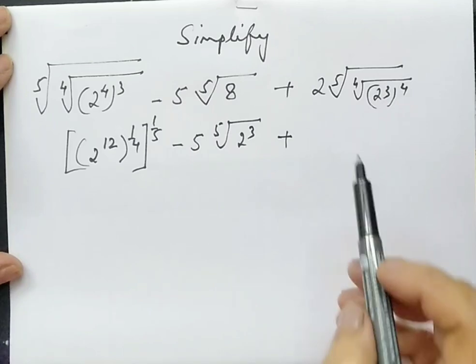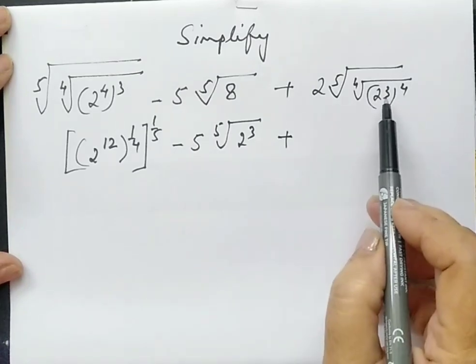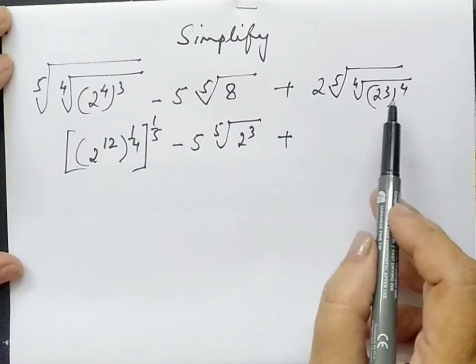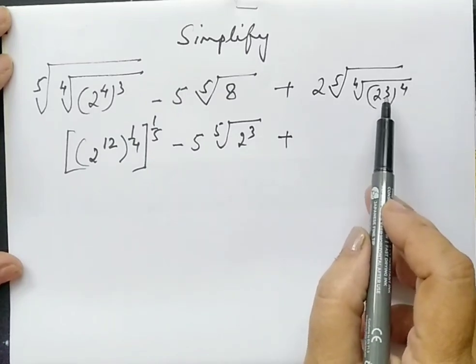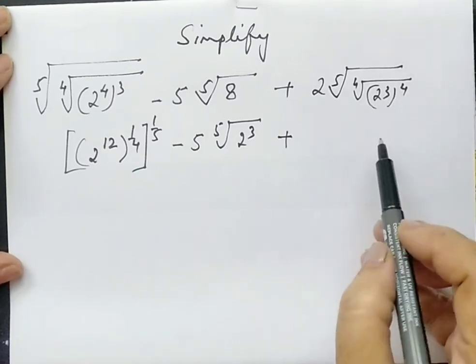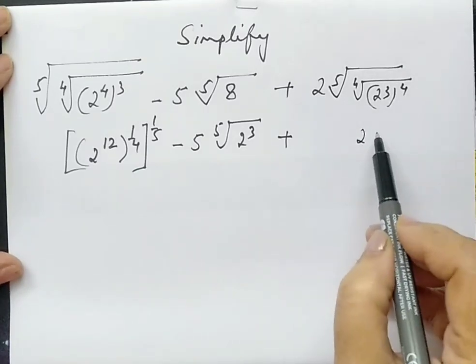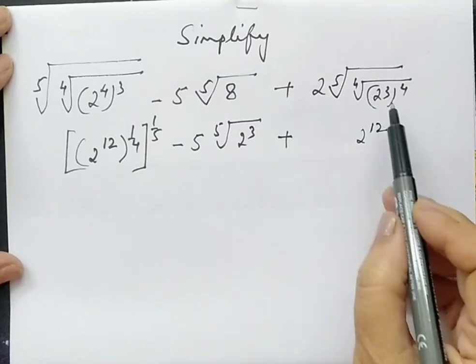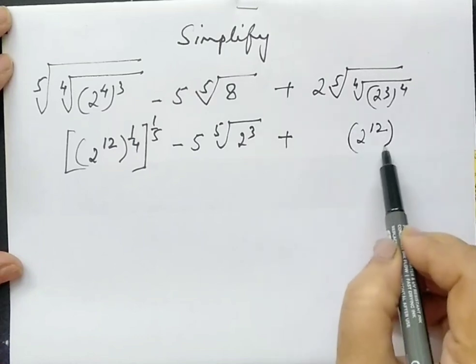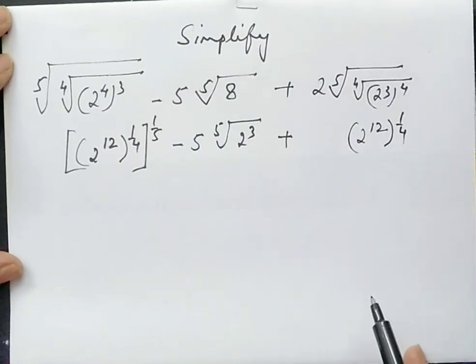Okay? So guys, here we have the same kind of thing over here, just that they have reversed the thing. 4 was inside there and 3 here. So we'll have inside 2 to the power 12. 3 into 4 is 12, and for this let's bring 1 by 4 outside like we did here.